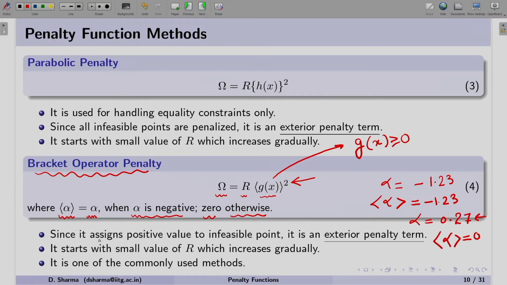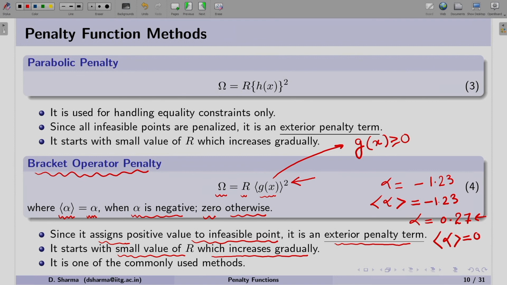As we understood from the discussion, we can handle the infeasible point with this penalty function method, so it is an exterior penalty term. In this case also, we start with a small value of r, which we keep on increasing gradually with the iterations.